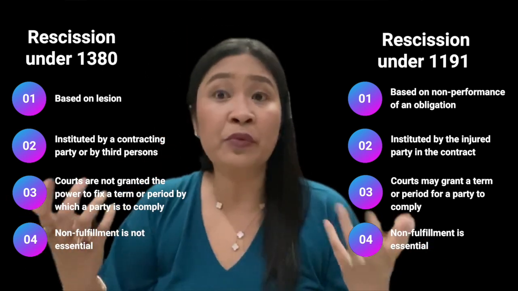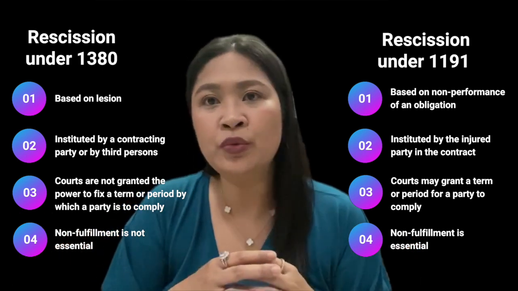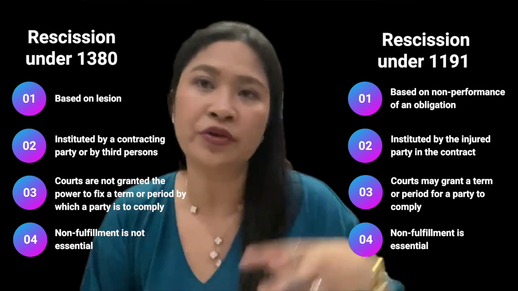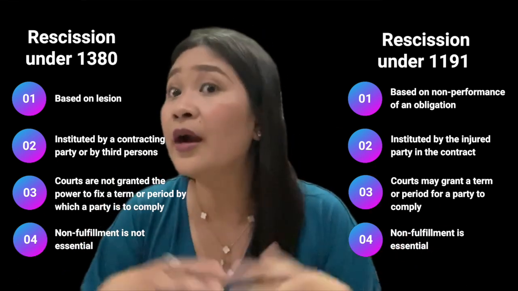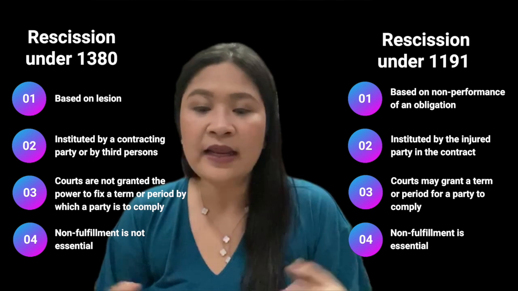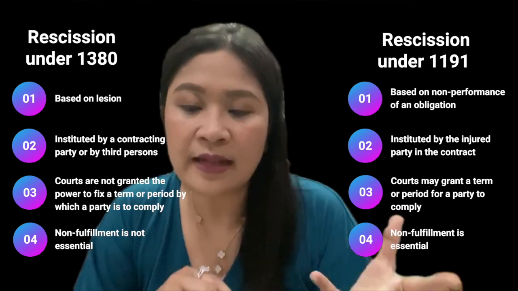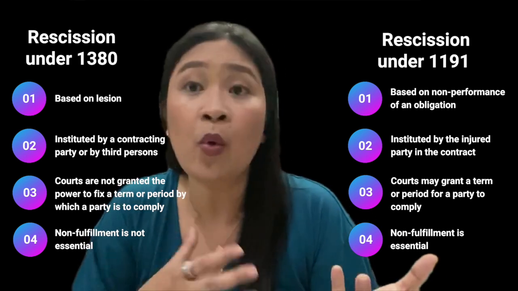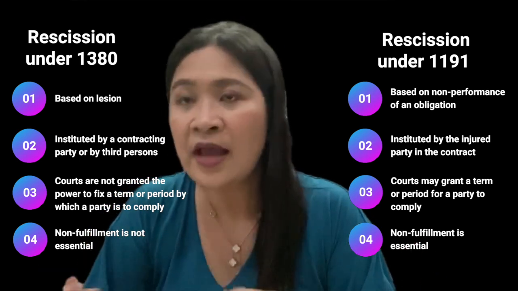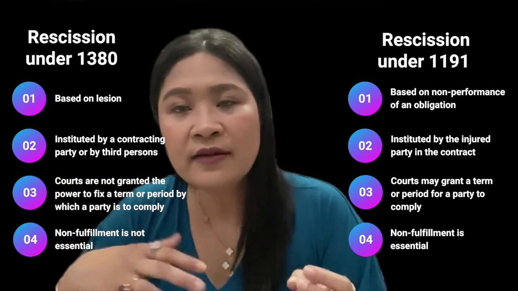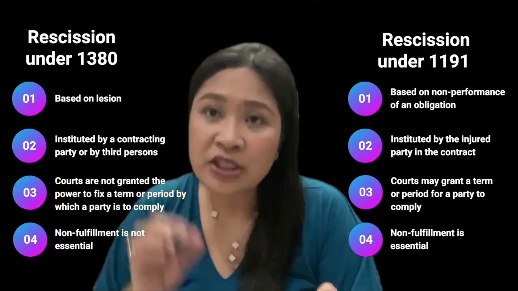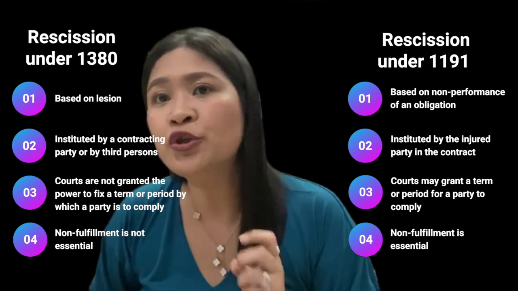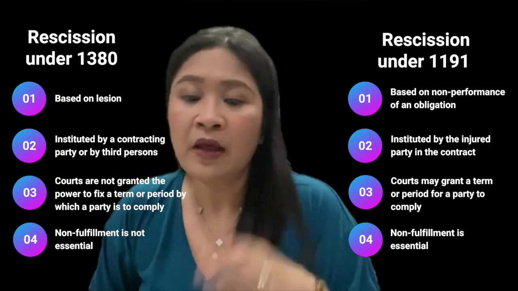So the grounds by which you use when you file an action for rescission under 1380 and 1191, they are different. Second is that in 1380, the action is instituted either by a contracting party or by third persons. While in 1191, rescission is instituted only by the injured party in the contract.